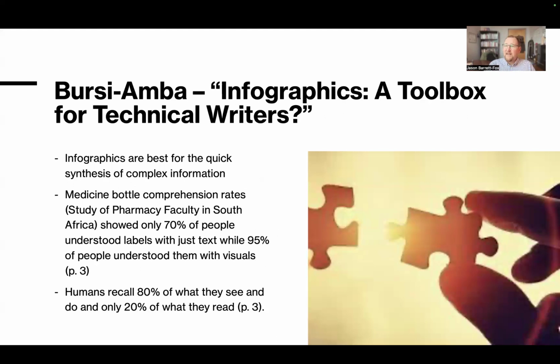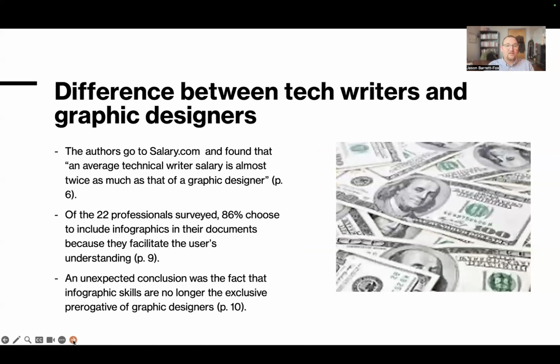So infographics have a kind of cognitive edge when it comes to being A, able to be understood, and B, able to be remembered. And so that's another set of important information there. Another element that Bursi-Amba wants us to remember, and this is one of the reasons I teach this article, is that it gives you a historical sense of when infographics start to be par for the course for technical writers, right?